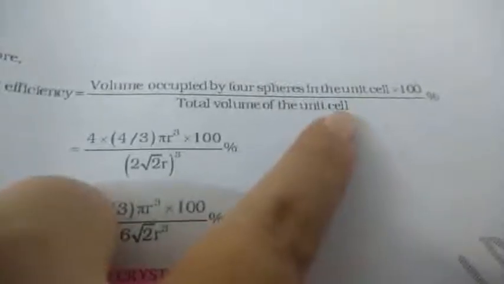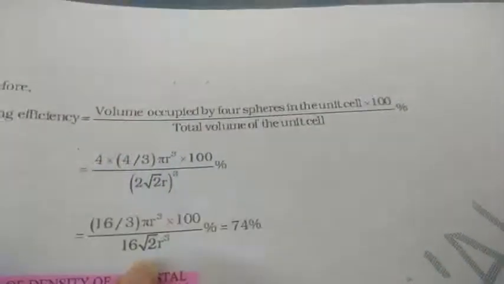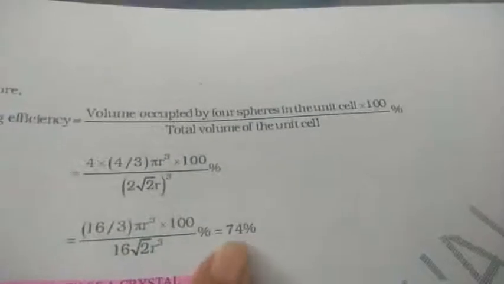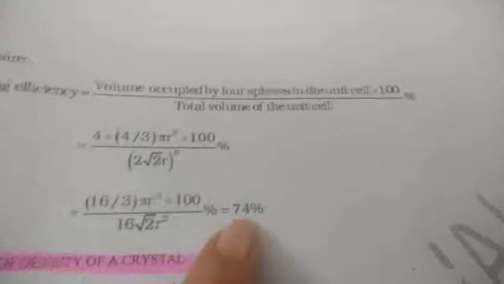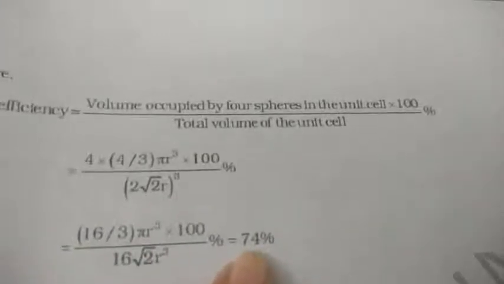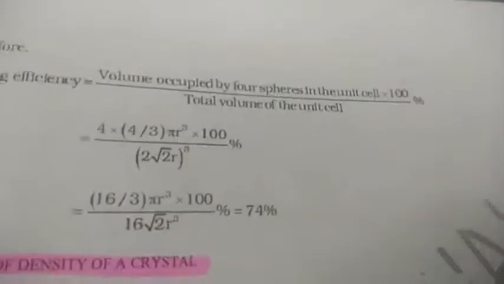That is why we are writing volume occupied by 4 spheres upon total volume of unit cell into 100%. So 4 into 4 by 3 pi r cube upon the values which we had taken out in the previous page are put in the formula. And when you solve them, you will get the value as 74%. Understand? So this is how the packing efficiency in HCP and CCP or face centered cubic unit cell is calculated. It is 74%.